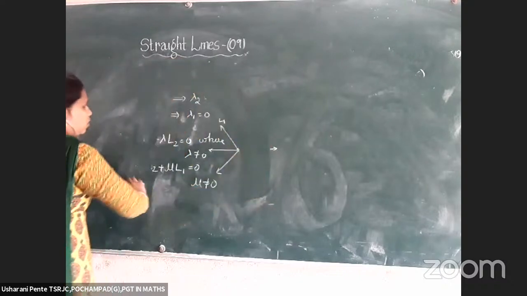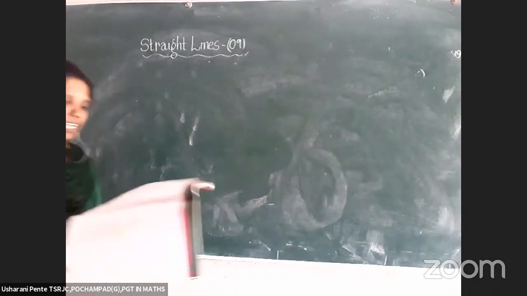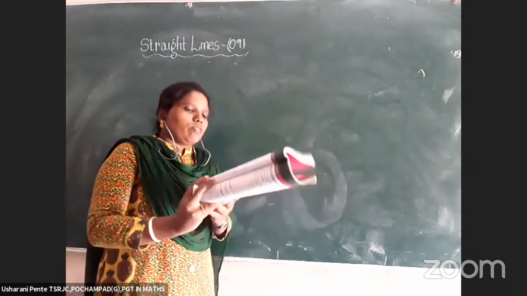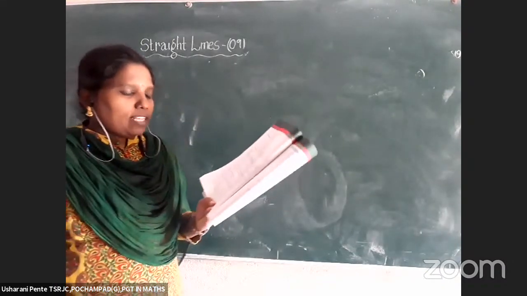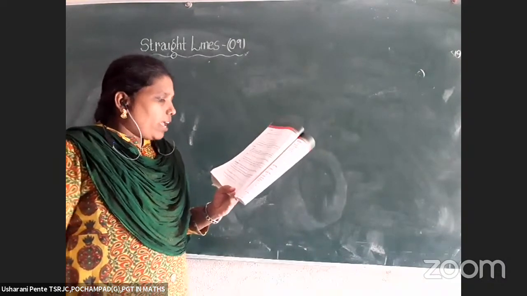Okay, let us see a problem regarding this, how to find the point of intersection. Equation of a straight line. Example: find the equation of a straight line passing through the point of intersection of the lines.